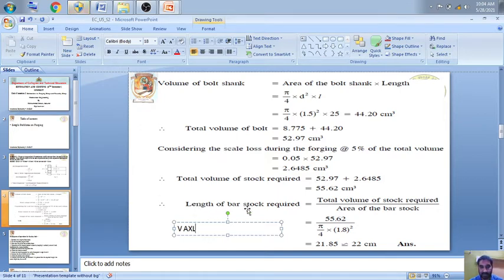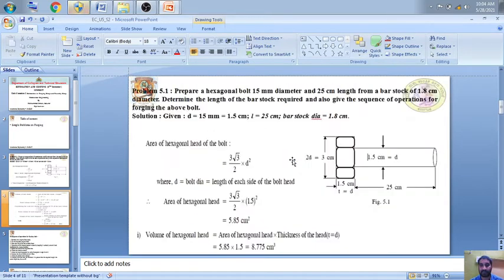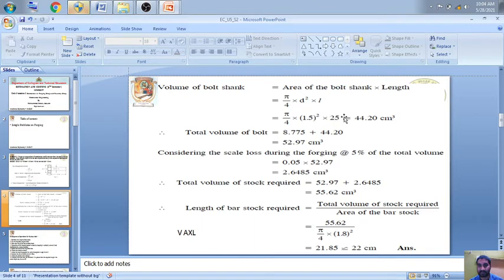We have calculated the volume of the bar stock by considering all losses. This is not the volume of the hexagonal headed bolt. The volume of the hexagonal bolt is only 52.97. But if you add losses to that, it becomes the volume of the stock, the volume of the raw material.